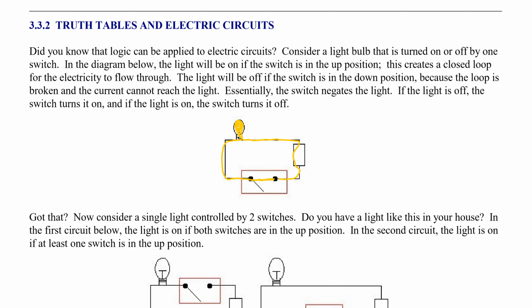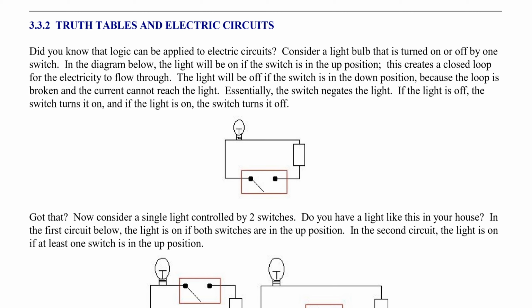Anytime there's a closed loop, electricity can complete the path. The light will be off if the switch is in the down position because the loop is broken and the current cannot reach the light. So there's no way for it to complete a closed loop. So when the switch is in the down position, the light is off.